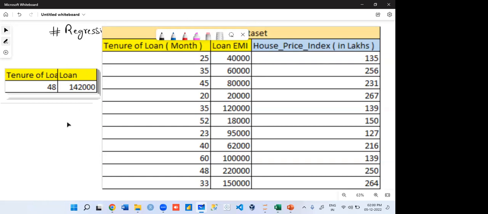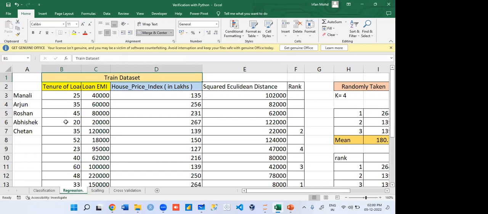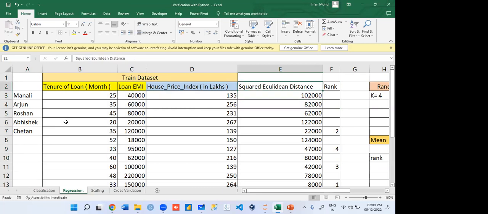Yes, has everyone calculated the distance? The main task is distance only, because distance consumes more time. Guys, compare the distance.